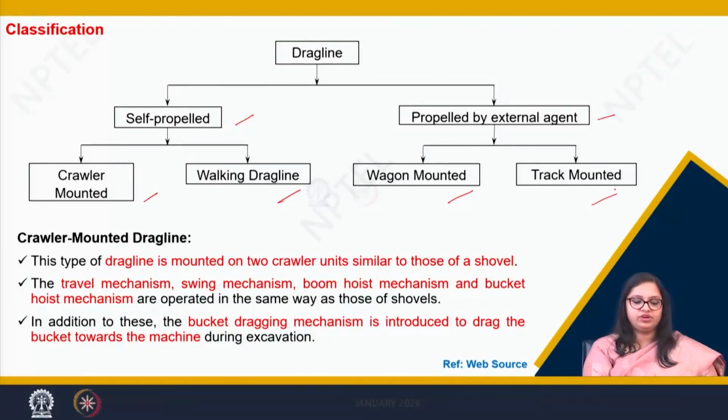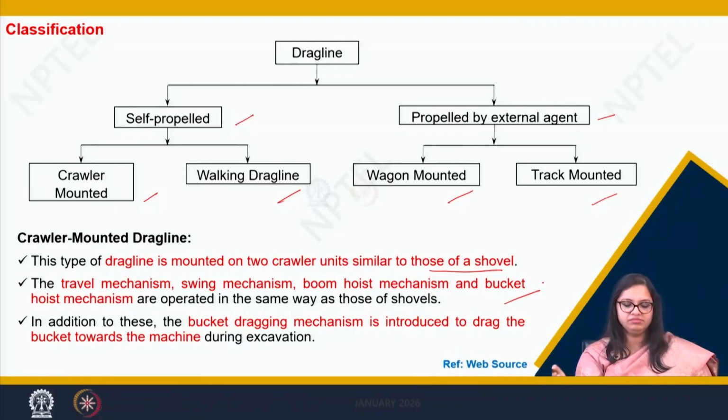When we talk about this crawler mounted dragline, it has 2 crawler units as those of a shovel or bucket wheel excavator that we have already discussed. However, its travel mechanism, swing mechanism, boom hoist mechanism and bucket hoist mechanism are also the same as those of a shovel.